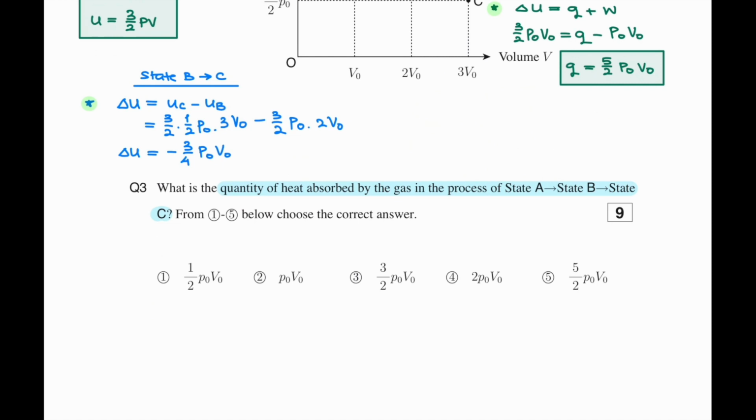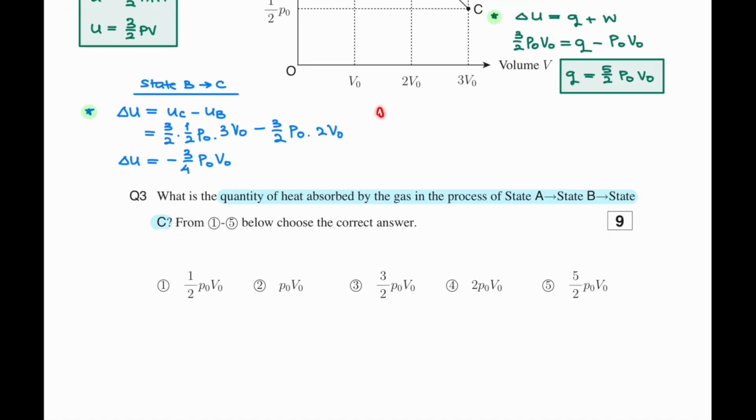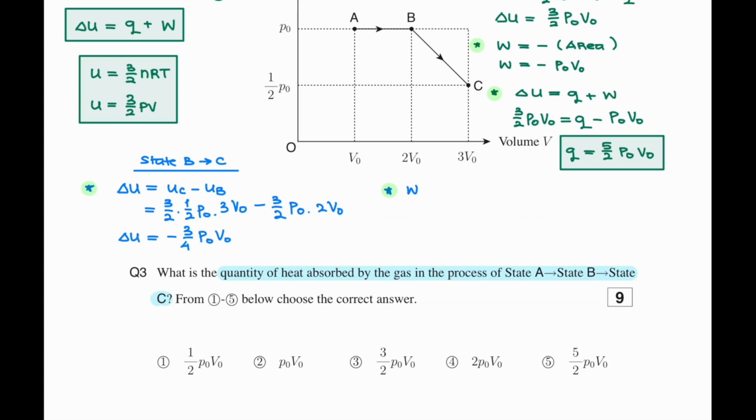And then for the work done, W, as you can see from the PV diagram, the volume from B to C also increases. Since the volume increases, that means work is done by the gas. If work is done by the gas, my sign convention is negative.